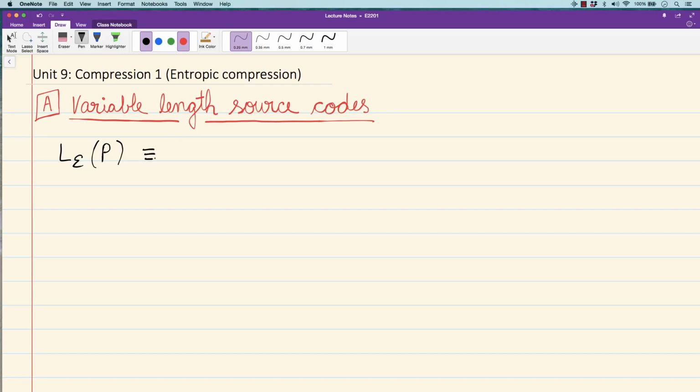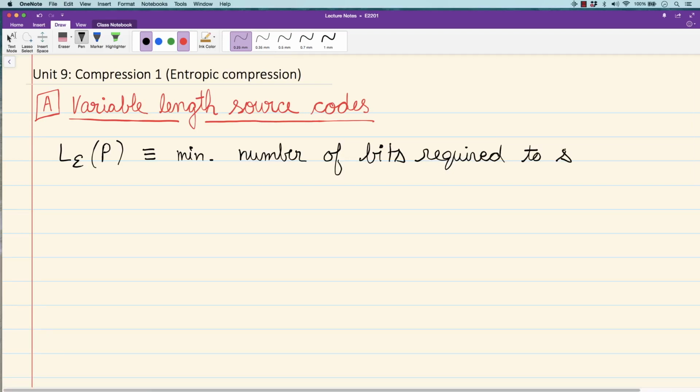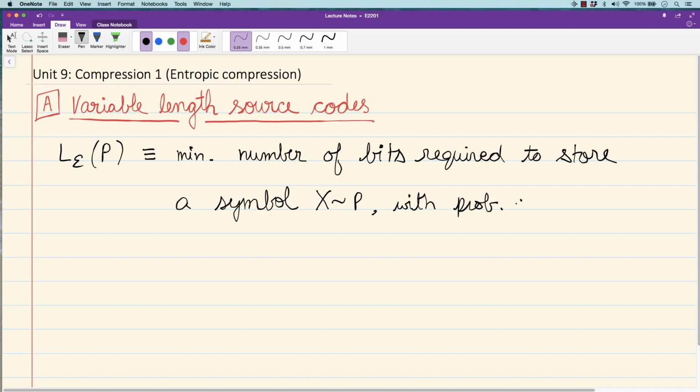This quantity L epsilon P can be thought of as the minimum number of bits required to store a single symbol x from P with some probability of error allowed, with probability of error less than or equal to epsilon.